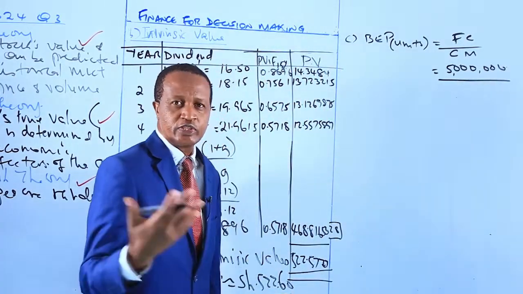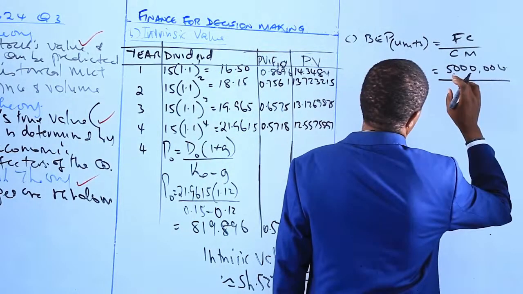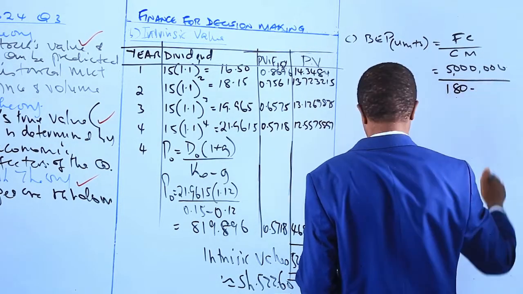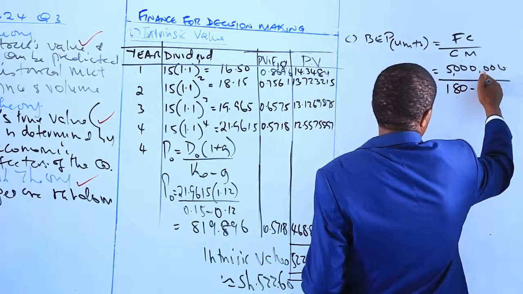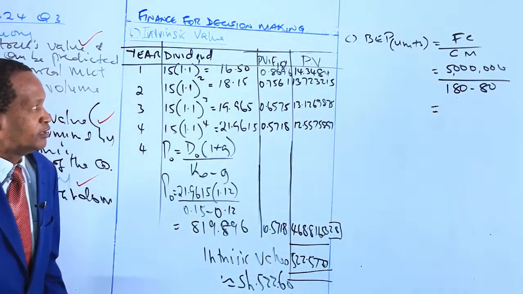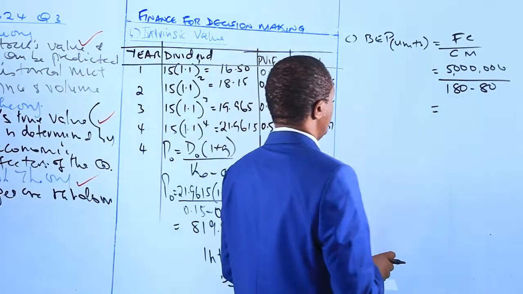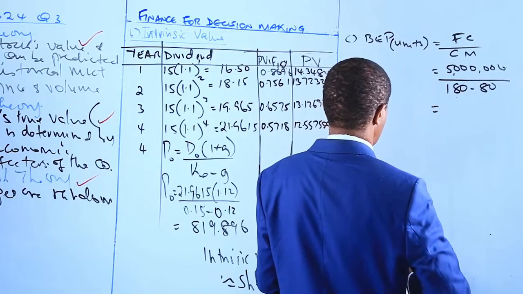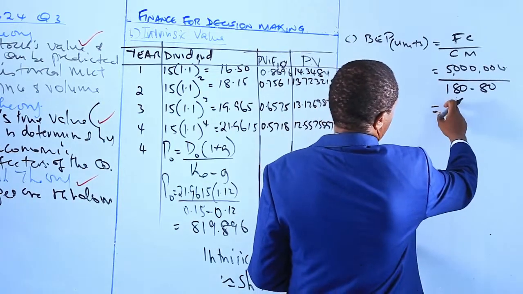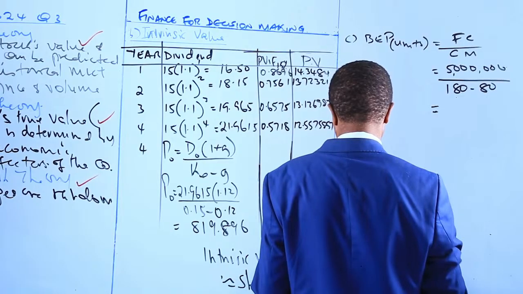We know the contribution margin is equal to selling price minus variable cost. The selling price here is 180. The variable cost from the question is 80. So the break-even point in units will be equal to 5 million divided by 180 minus 80, which is just 100. This is equal to 50,000 units.